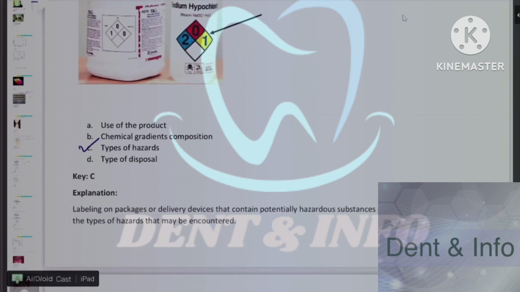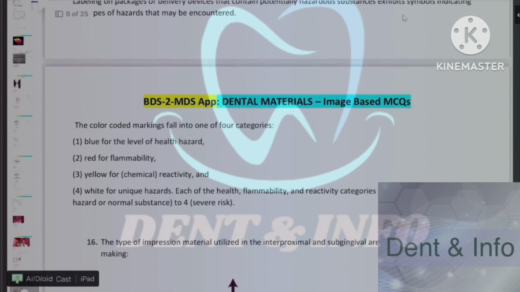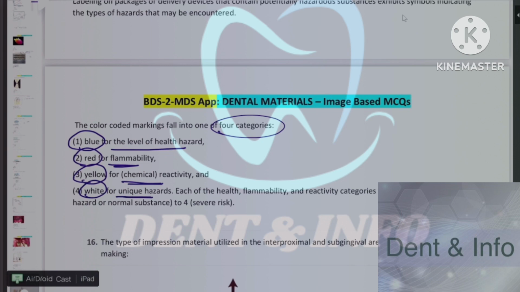Labeling on the packages, please remember the color coding will fall into 4 categories. Blue is for the level of health hazard, red is for flammability, yellow is for chemical reactivity, white is for unique hazards. And they are rated on a scale of 0 to 4. 0 means no risk or normal substance, 4 means severe risk.